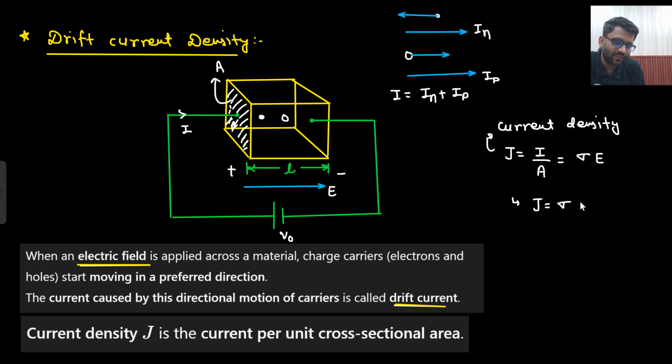J equals sigma E, and since J is I by A, I will be sigma E into A. So this is your drift current. From now onwards I will write J drift and I drift, where dr means drift.